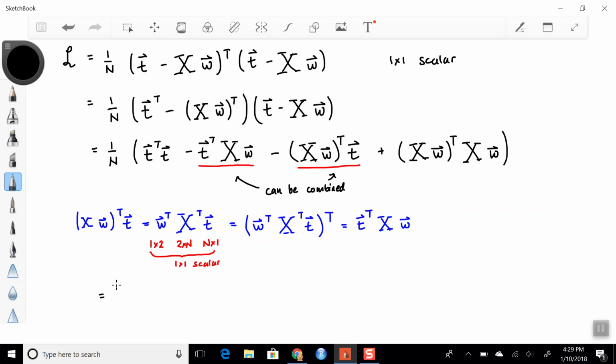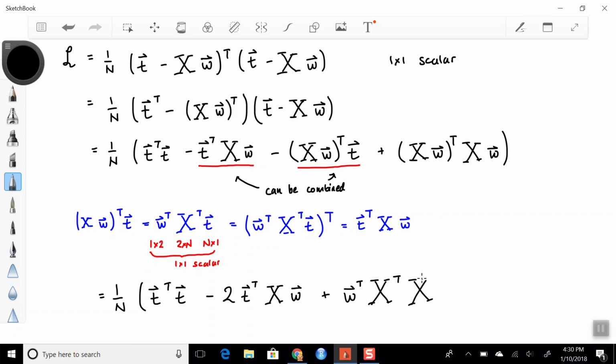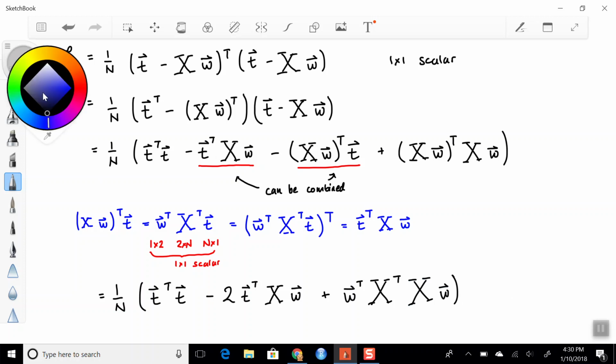So this becomes 1 over n, and here I have T transpose T minus 2 times T transpose X W plus, if I expand this out, W transpose X transpose X and W. Okay, and we can check on everything.